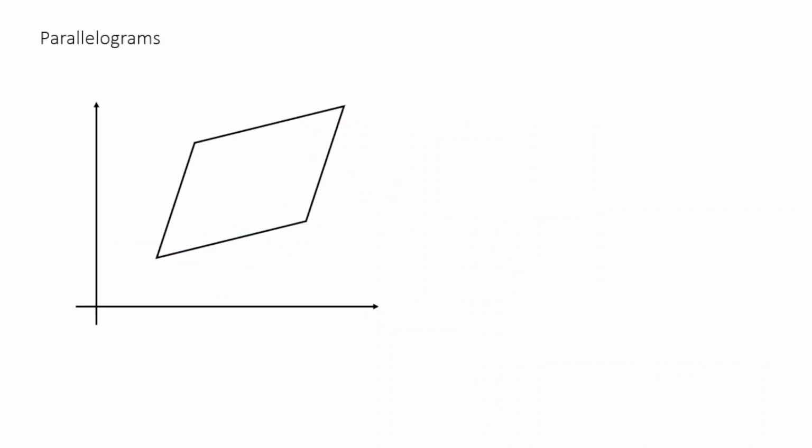Well, okay, that leaves us then with one last thing that we've got to cover, which is parallelograms, okay? A parallelogram is a quadrilateral where the two opposite sides are parallel. So these two lines here are parallel to each other, okay? And these two lines here are also parallel with each other.